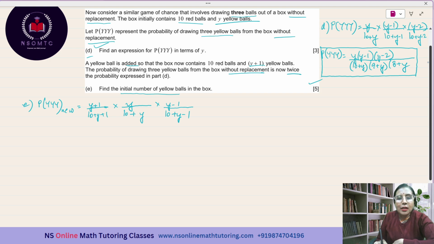So this is equal to (y plus 1) times y times (y minus 1) over (11 plus y)(10 plus y)(9 plus y).